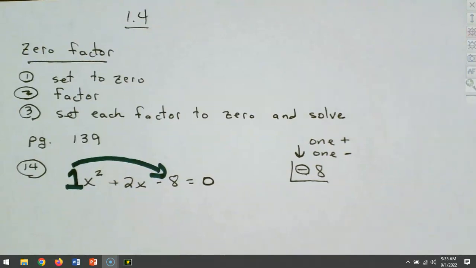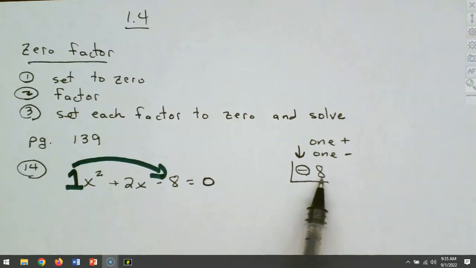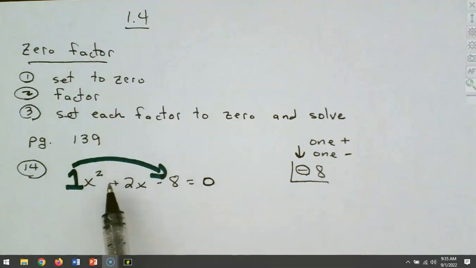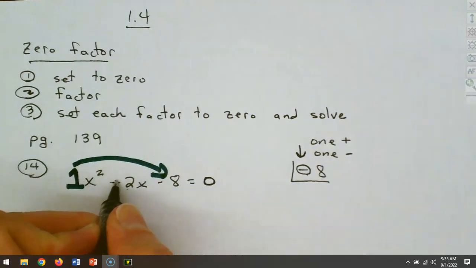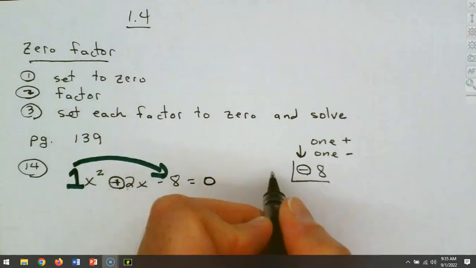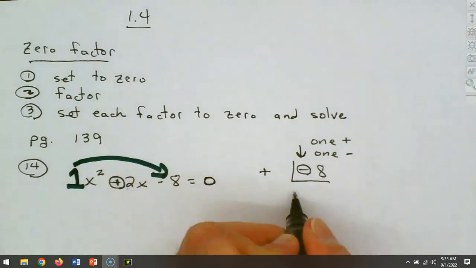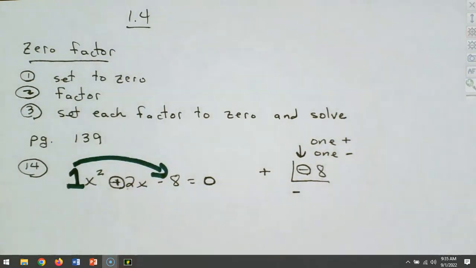Now, what we need to do is we need to find two numbers, one positive, one negative, that multiply together to give you a negative 8 and subtract from each other to give you positive 2. So when we look in the middle, look at the sign in the middle. What's the sign in the middle? It's positive. So my larger number is positive, smaller number is negative.